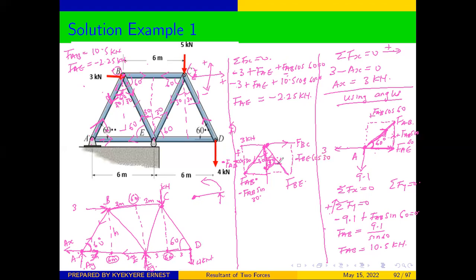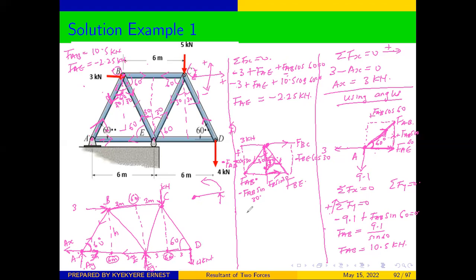And we can also see that the X component will be moving this direction, and this direction will be positive. Therefore, you are going to get FBE sine 30. Don't forget that the side is facing the angle, so sine 30.